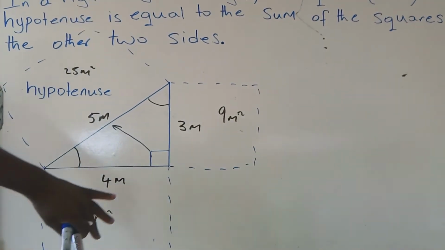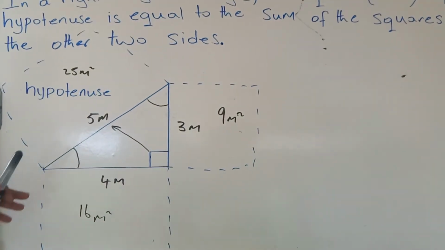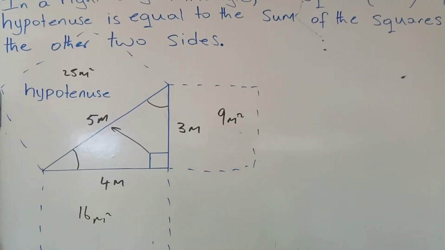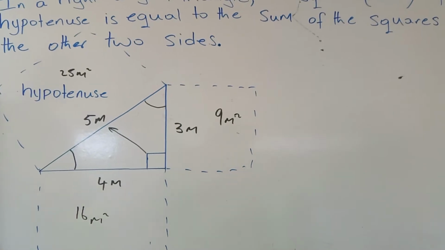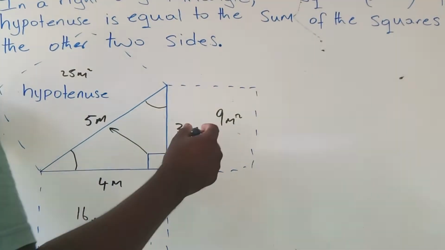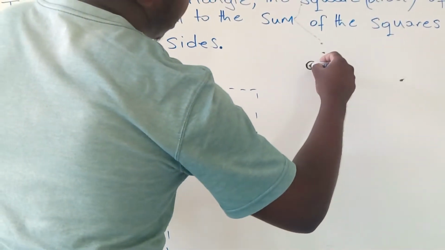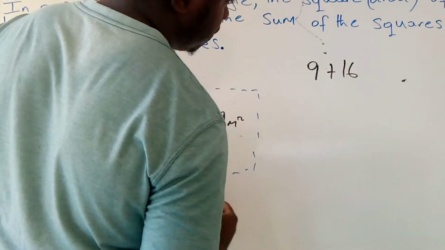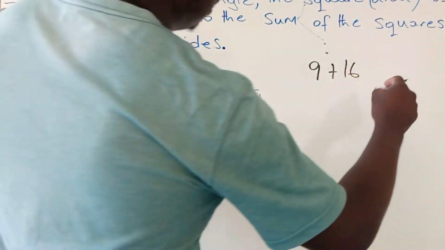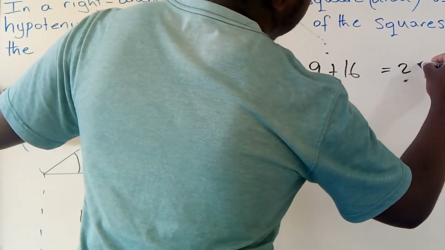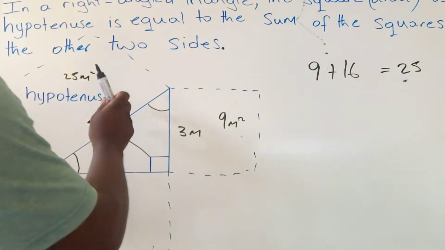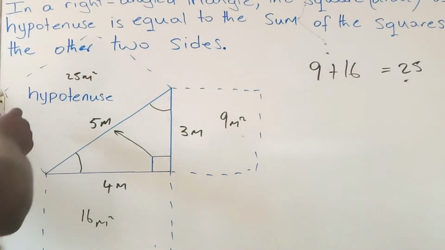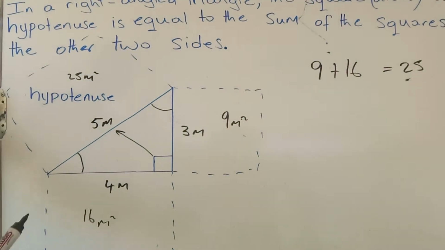Let's see if we can study the area of these lengths and see if there's any relationship among them. Now, if we have 9 plus 16, we know that that would equal 25, which is the area of the hypotenuse. That's interesting.